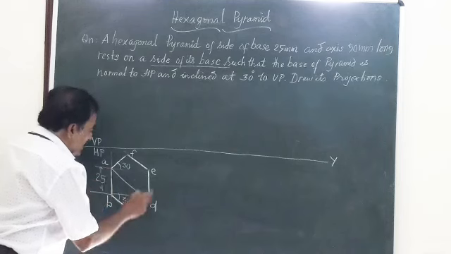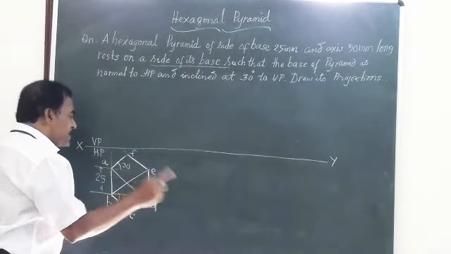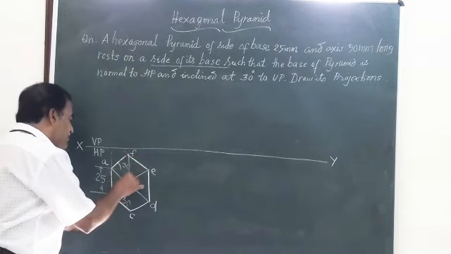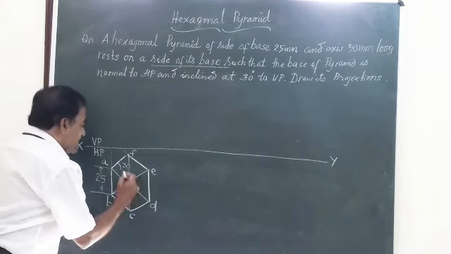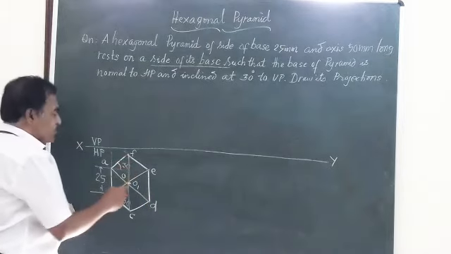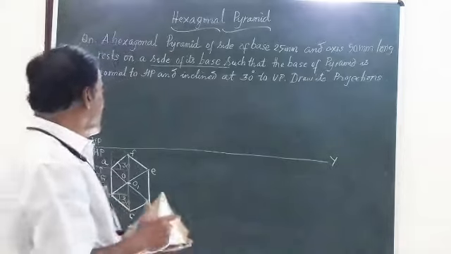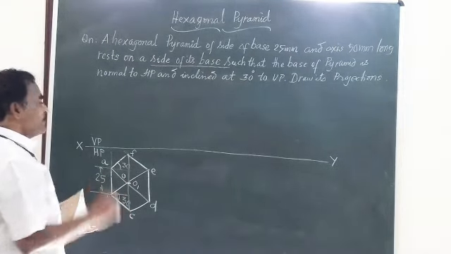That is A to D I am joining, E to B I am joining, and to check the correctness of this figure, if you draw a vertical line through the point F, it should pass through the intersection point. I mark this as O and O1. O refers to the vertex of the solid and O1 the center of the base. So this is how the object looks when you look from the top.